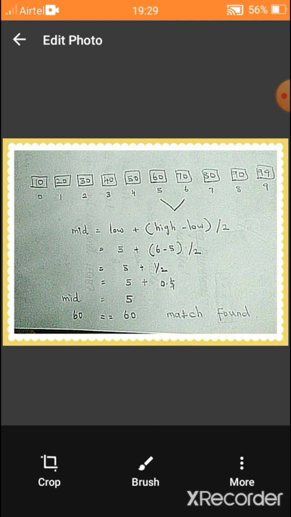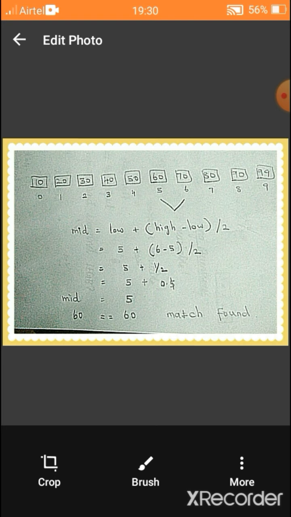Already I have said. So omit the fractional part .5 and take the integer part 0. So now 5 plus 0 is 5. The middle value is 5. Go to the index 5. What is the value? 60. What is our target value? 60. So 60 is equal to 60. So a match is found. This is the working principle of binary search.